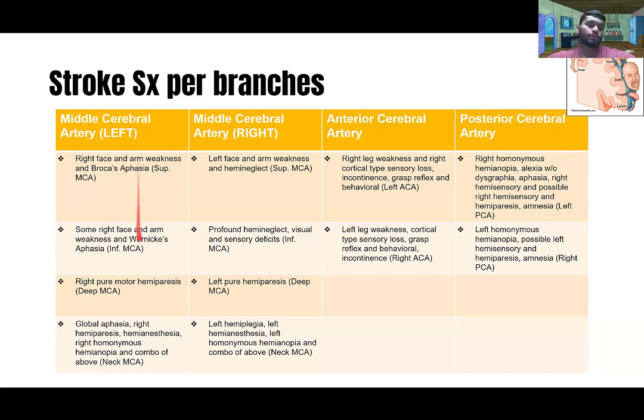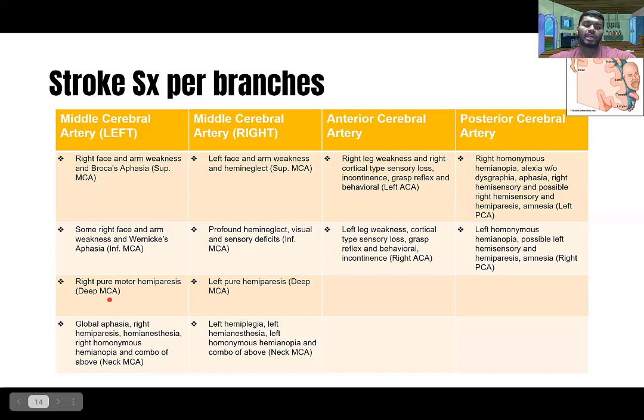But again, if we're looking at the left inferior M2 branch, you're going to have the same right face and arm weakness. And also you're going to have Wernicke's aphasia, because as we discussed above, the inferior M2 branch supplies the superior temporal lobe, which houses Wernicke's area. Damage to that area will cause Wernicke's aphasia, right?